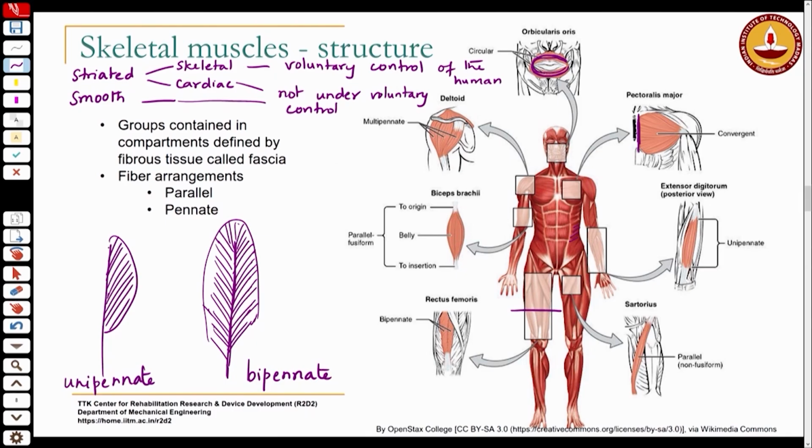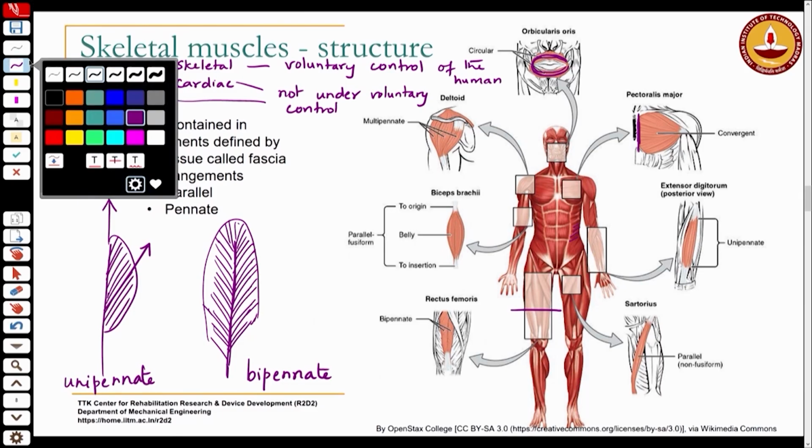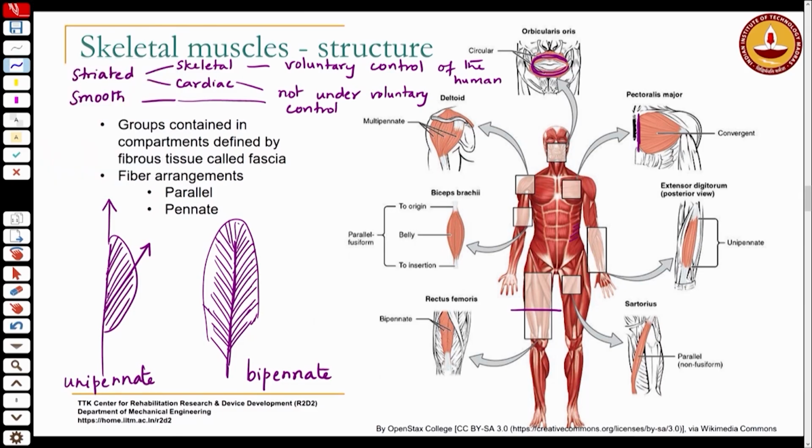So, here the direction of the force applied by the muscle onto whatever bone it is attached to is in one direction, but the force generated by the fibers is in another direction. And this angle is called the pennation angle.